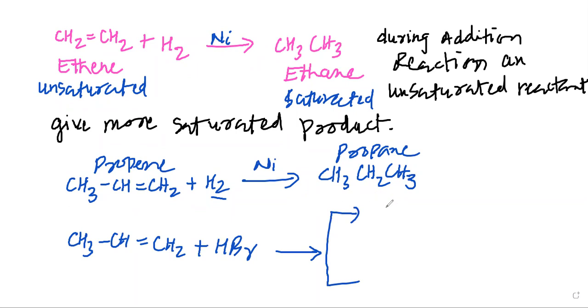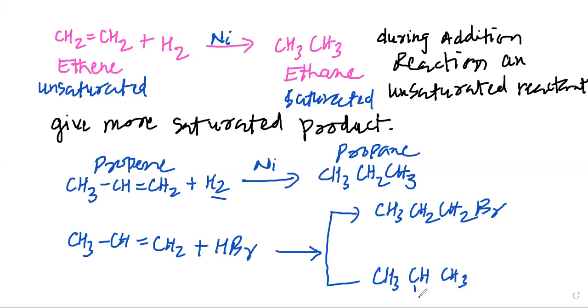One possibility is that you may get CH3, CH2, CH2Br, or you may get CH3, CHBr, CH3. So two different products are possible: we may get one bromopropane, and we may get two bromopropane.